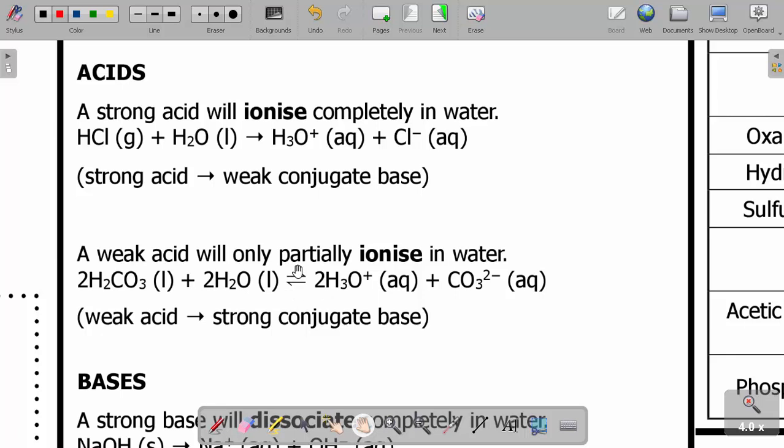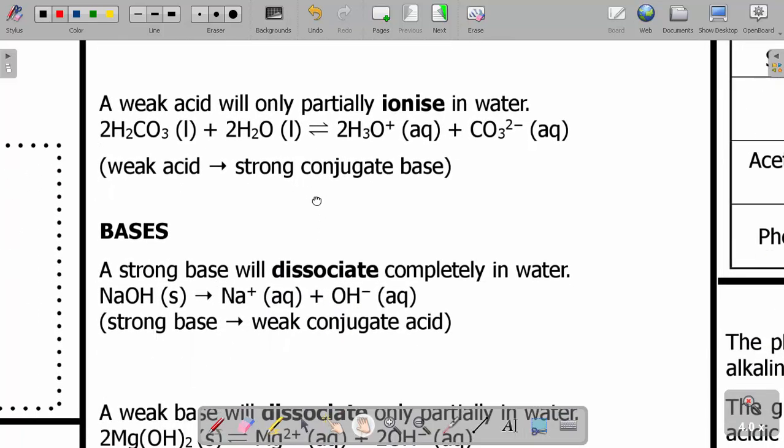So this arrow is for the partial, meaning that a weak acid will only partially ionize in water. Don't forget, a strong acid forms a weak conjugate base. In other words, we cannot have a reverse reaction possible. But a weak acid forms a stronger conjugate base such that we can have a reverse reaction possible.